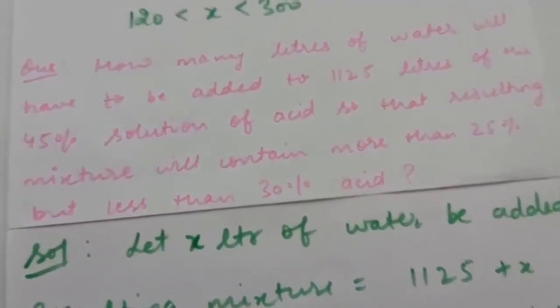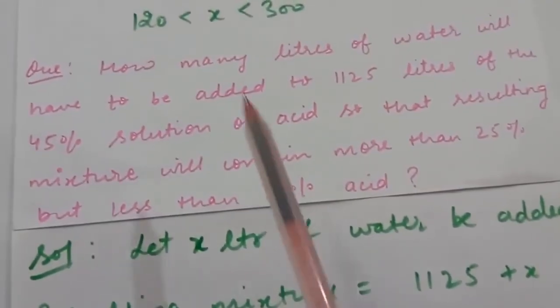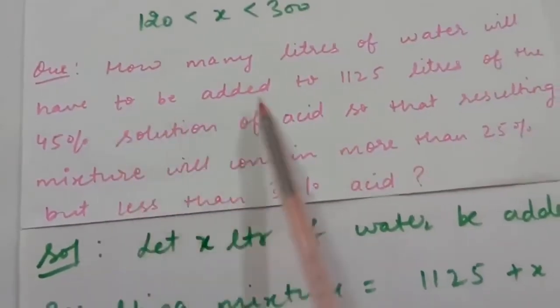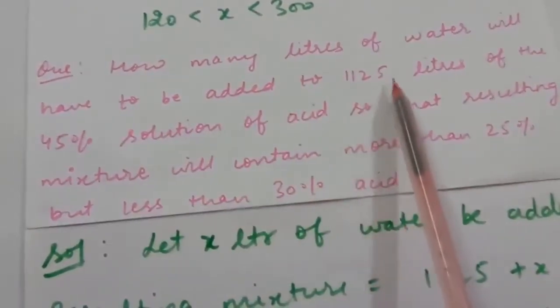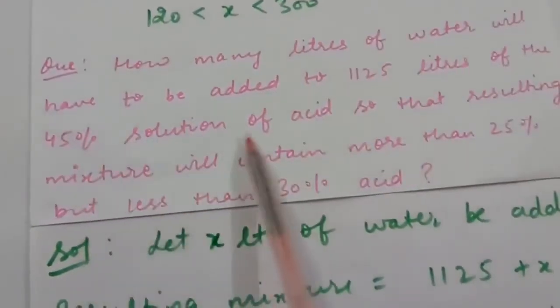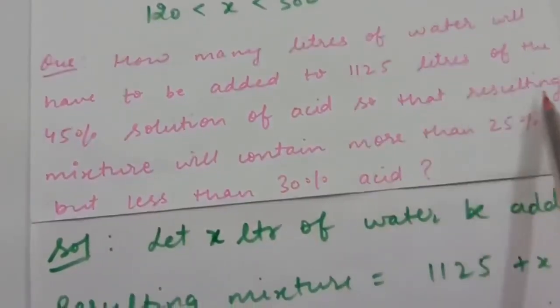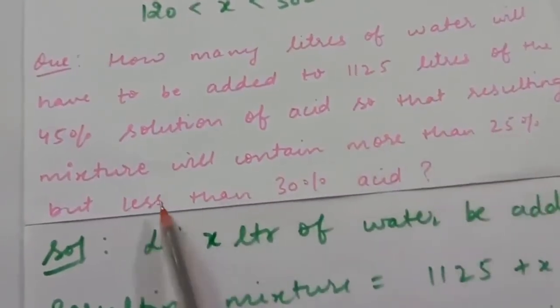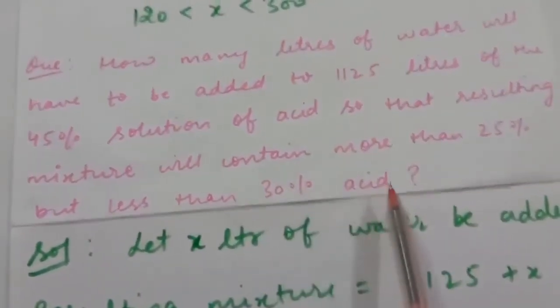Let us take a similar example. How many liters of water will have to be added to 1125 liters of the 45% solution of acid so that the resulting mixture will contain more than 25% but less than 30% acid?